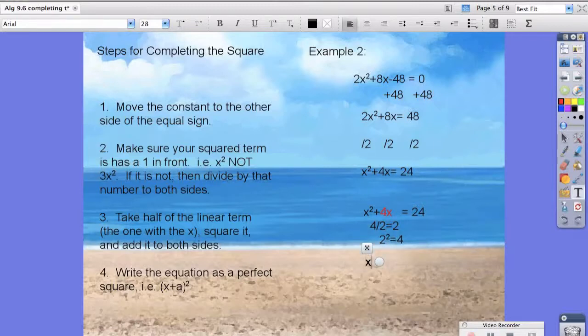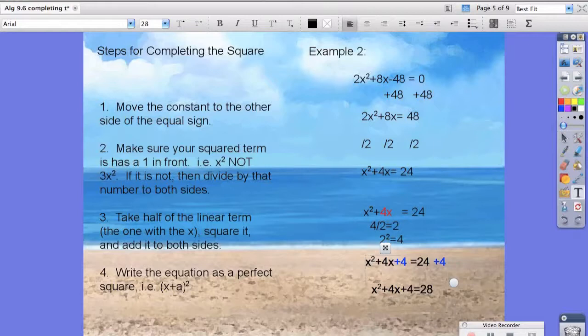So x squared plus 4x, and then adding to both sides, we're adding 4 to both sides. I've changed that to blue so it's easier to spot. Simplifying, we get x squared plus 4x plus 4 equals 28.